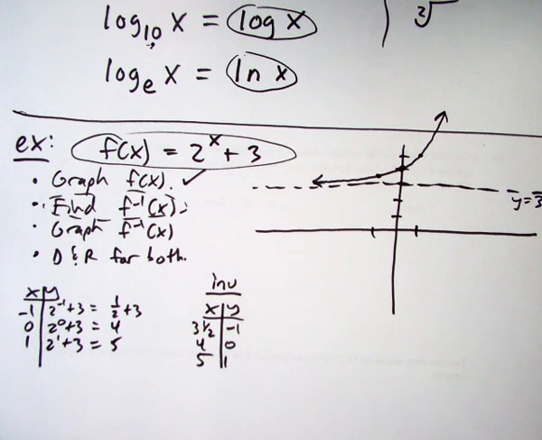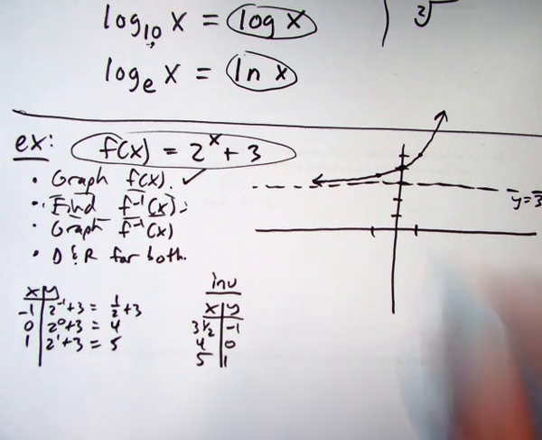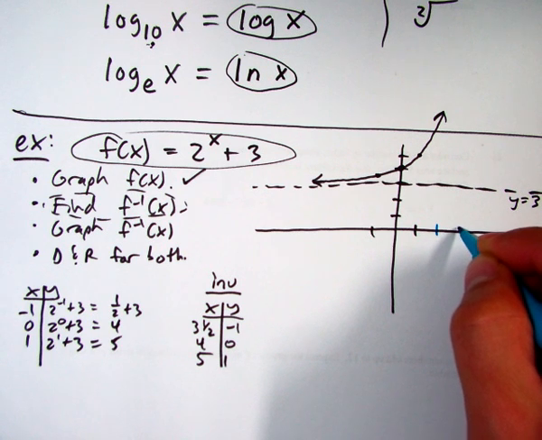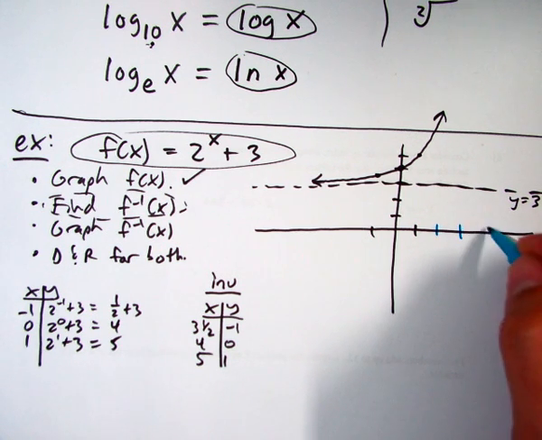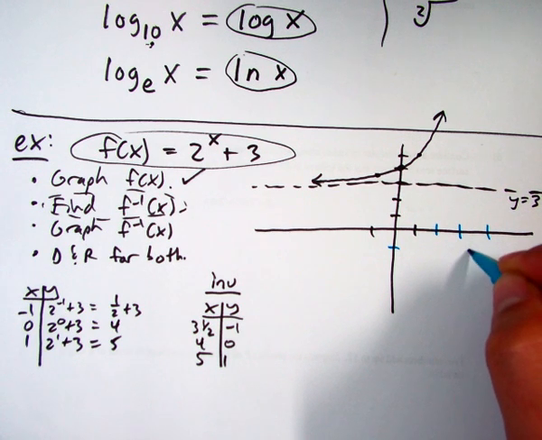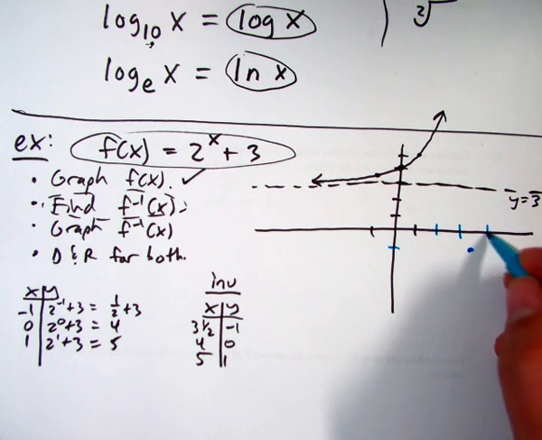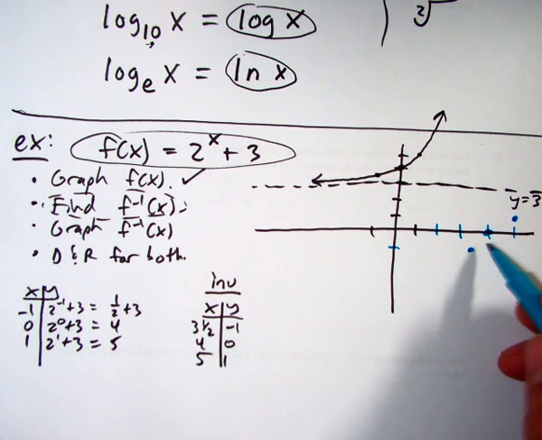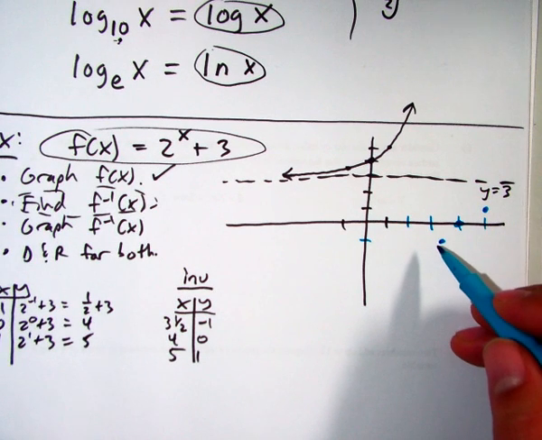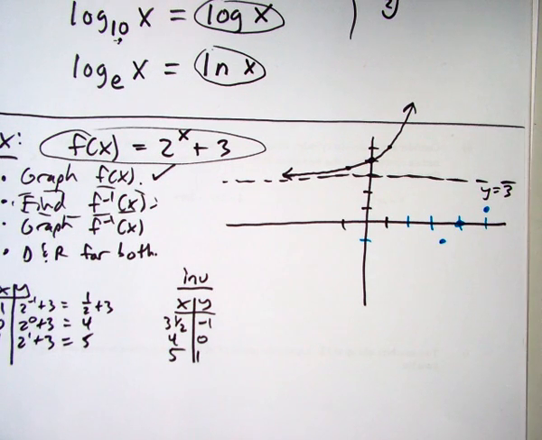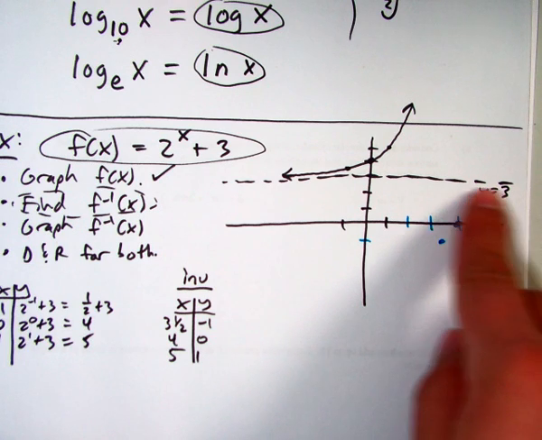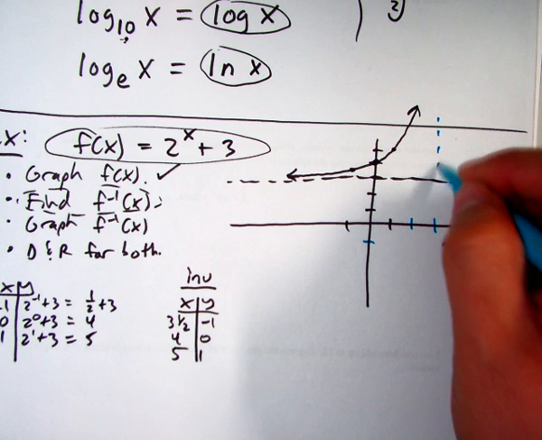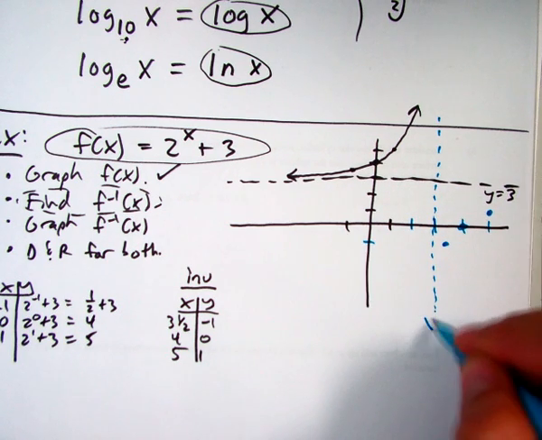So I'll do that graph in blue. At 3.5, we're at -1. At 4, we're at 0. And at 5, we're at 1. Okay, and it may be kind of hard to just see what the shape is going to be, but here's what we do know, right? If y equals 3 is an asymptote, well, when you flip all the x's and y's, now we get that x equals 3 is an asymptote for the log, or for the inverse.